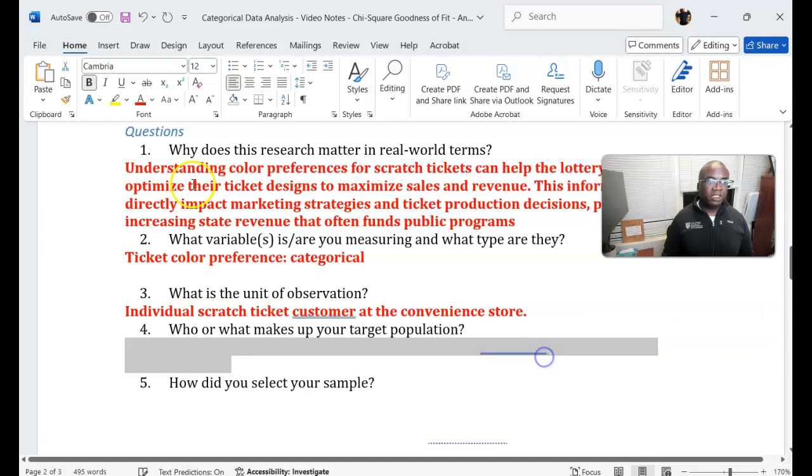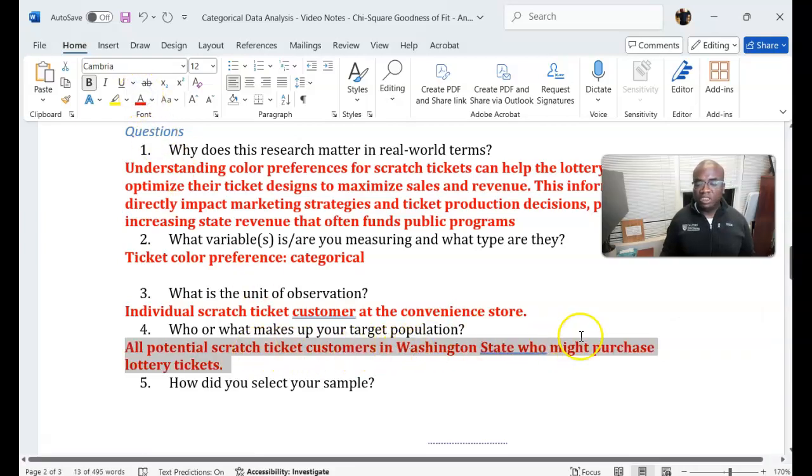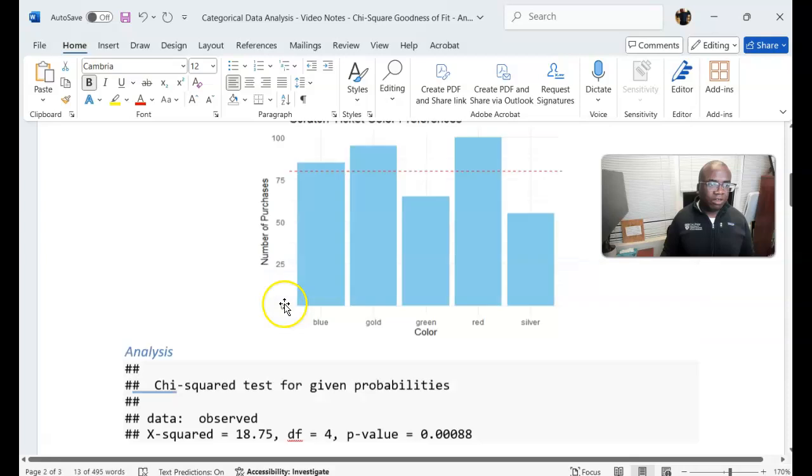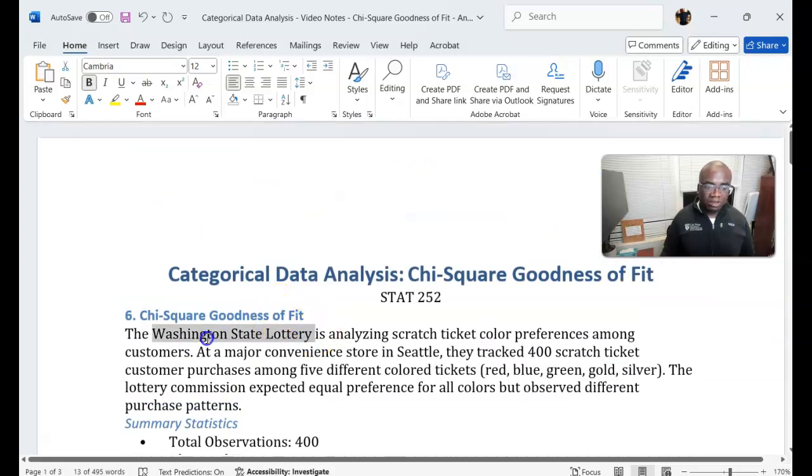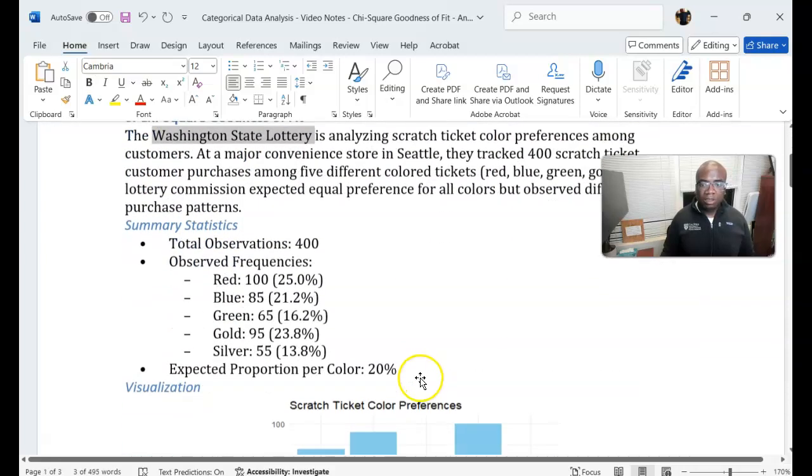And then here we're making generalizations about all potential scratch-off ticket customers in Washington State who might purchase. Though we're looking at that actual one store, we're trying to make generalizations about all ticket customers in Washington State, right? Let's double check that. Yeah, Washington State.